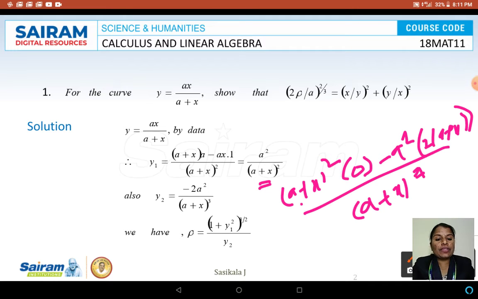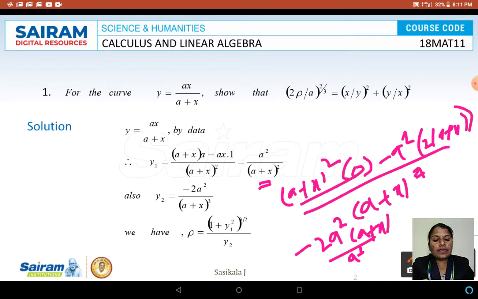So this will go 0, and you have only this term, the numerator minus a squared of 2 into a plus x, nothing but minus 2a squared of a plus x by a plus x the whole power 4. One term will get cancelled. So you have minus 2a squared by a plus x the whole cube.